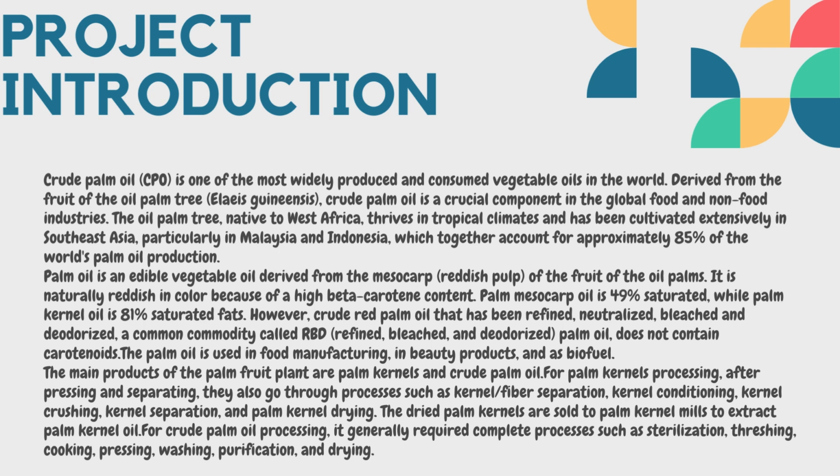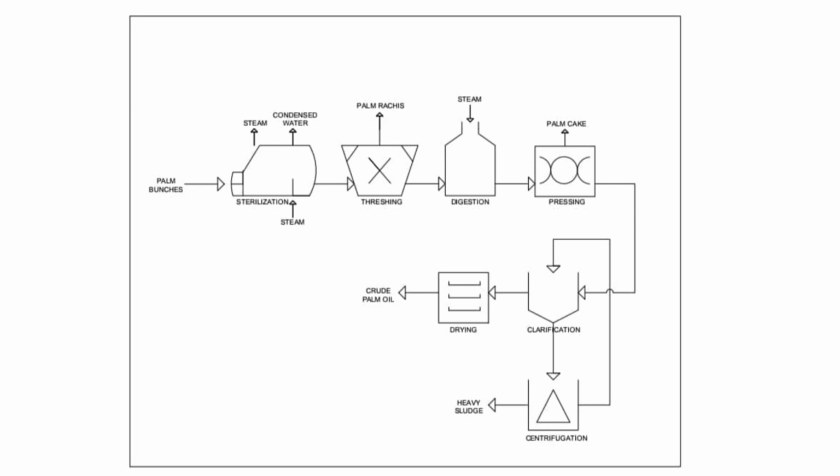The dry palm kernels are sold to palm kernel mills to extract palm kernel oil. For crude palm oil processing, it generally requires complete processes such as sterilization, threshing, cooking, pressing, washing, purification, and drying. This is our PFD for the production of crude palm oil.